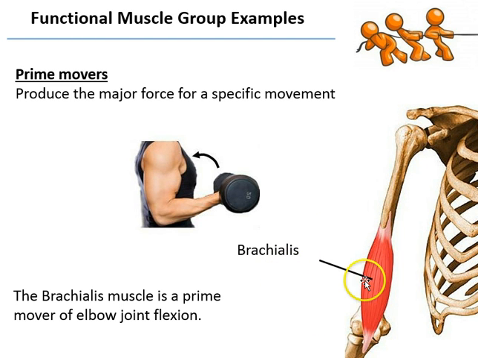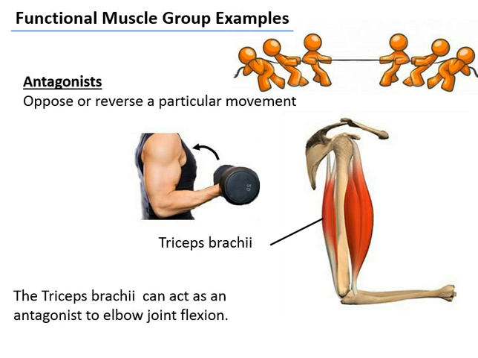It's a muscle in the brachium, that's the arm. It crosses the elbow joint, and when it contracts, it's a prime mover of flexion of the elbow joint. So the majority of the force to flex this elbow joint in this movement indicated here is provided by the brachialis.